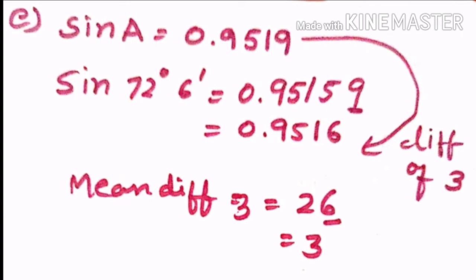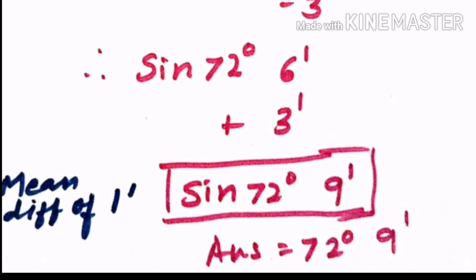Okay, now you see our value given in the question, and there is a difference of 3. So I will check in the mean difference for 3, that is 26, and that 26 means 3. So sine 72 degree 6 minute is our angle, to which I will add the 3 minute difference.